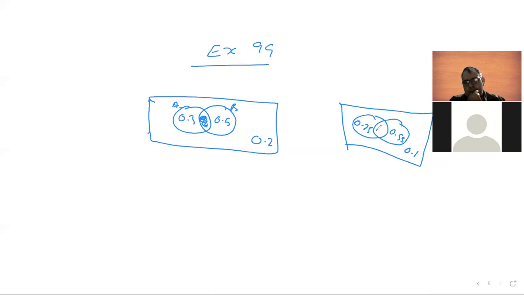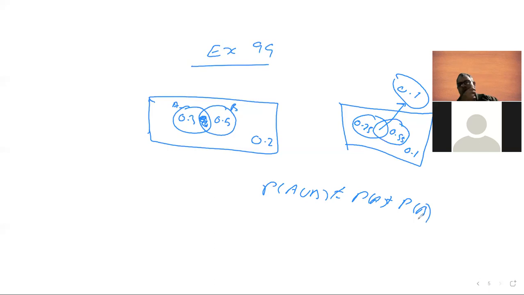So 0.55 plus 0.25 is 0.8, and now it's 0.9. So 0.1 is P(A intersection B). So this is not mutually exclusive, and you can now prove that P(A union B) is not equal to P(A) plus P(B). This is a good question.